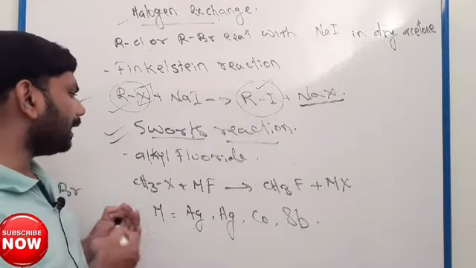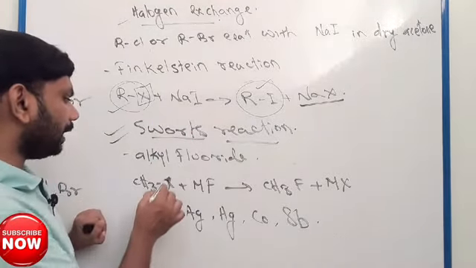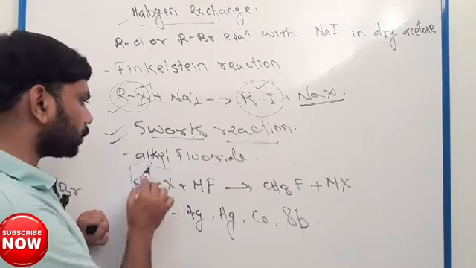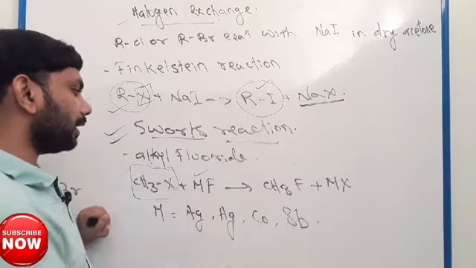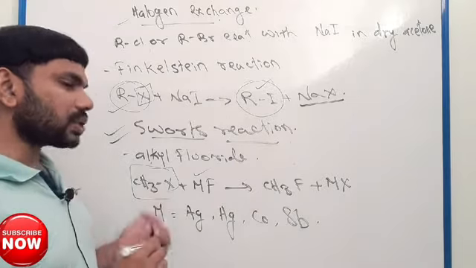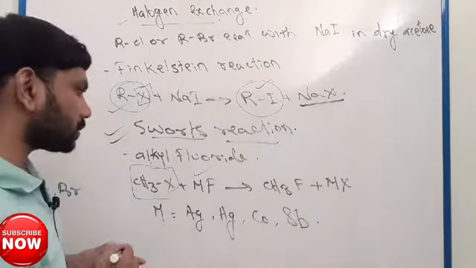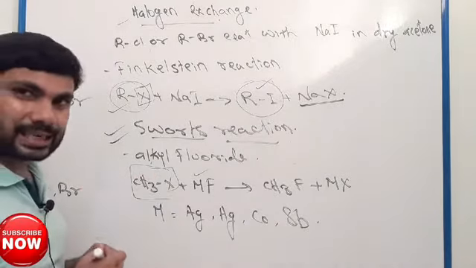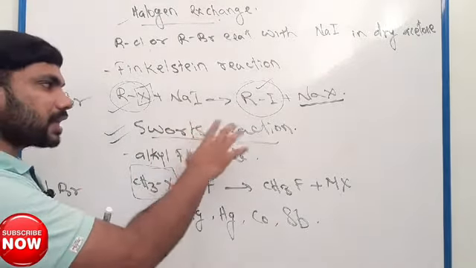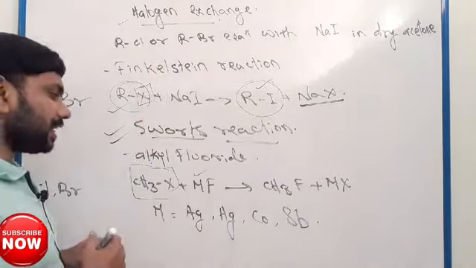Here alkyl halide will react with metal fluoride. This is also a halogen exchange method; the Swarts reaction is also a halogen exchange reaction.